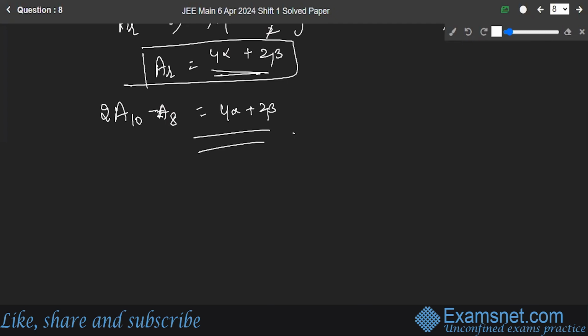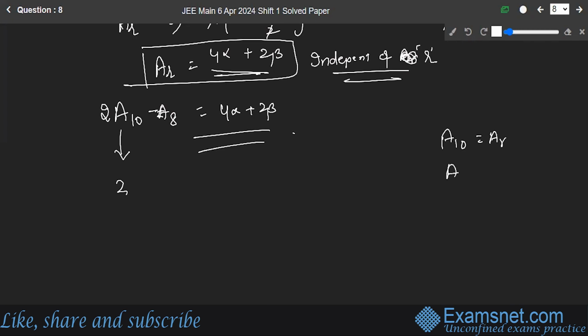This expression is independent of R. So whatever the value of R is doesn't matter. This will give me A10 is equal to AR, and A8 is also equal to AR. So 2A10 minus A8 will be nothing but 2AR minus AR, which is equal to AR only, and that we solved to get 4 alpha plus 2 beta.